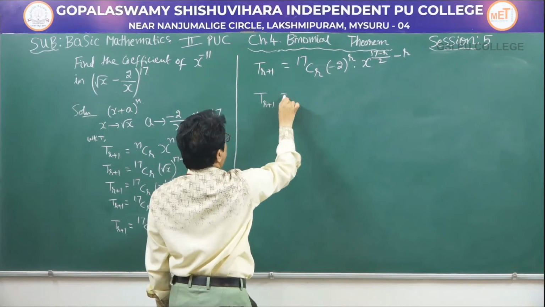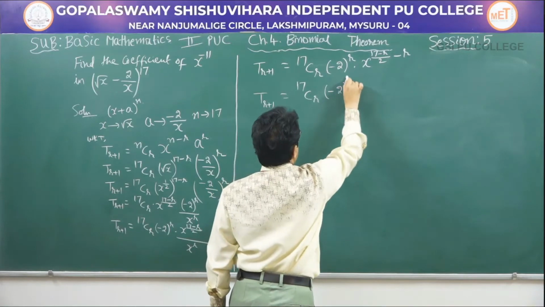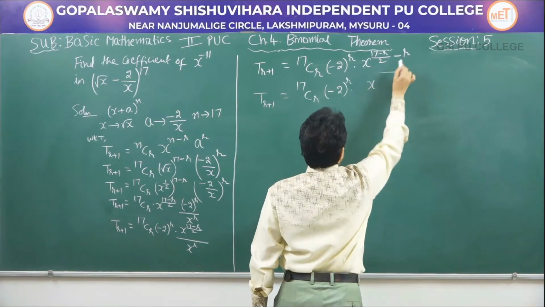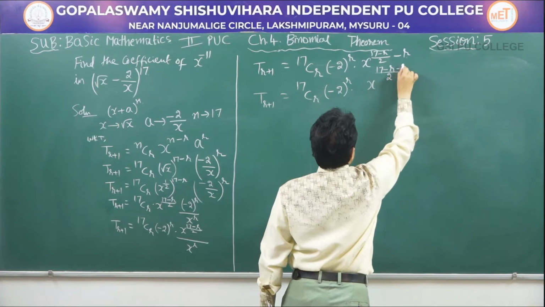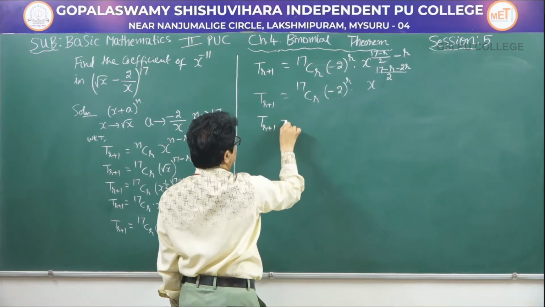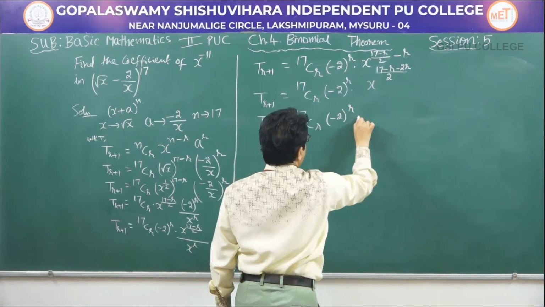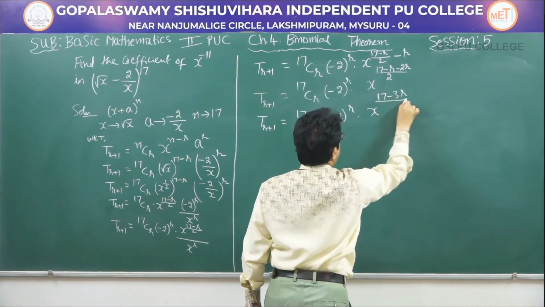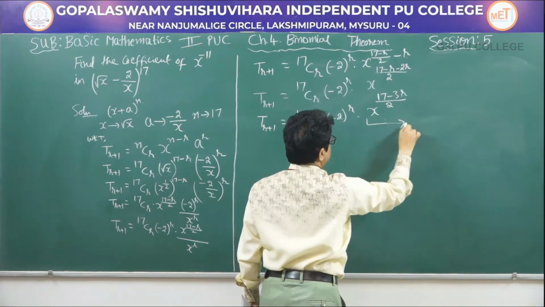So T(r+1) is equal to 17Cr into minus 2 whole power r into x power, here we take LCM, we get 2. So 17 minus r minus 2r. So T(r+1) is equal to 17Cr into minus 2 whole power r into x power (17 minus 3r) divided by 2. Call this as equation 1.